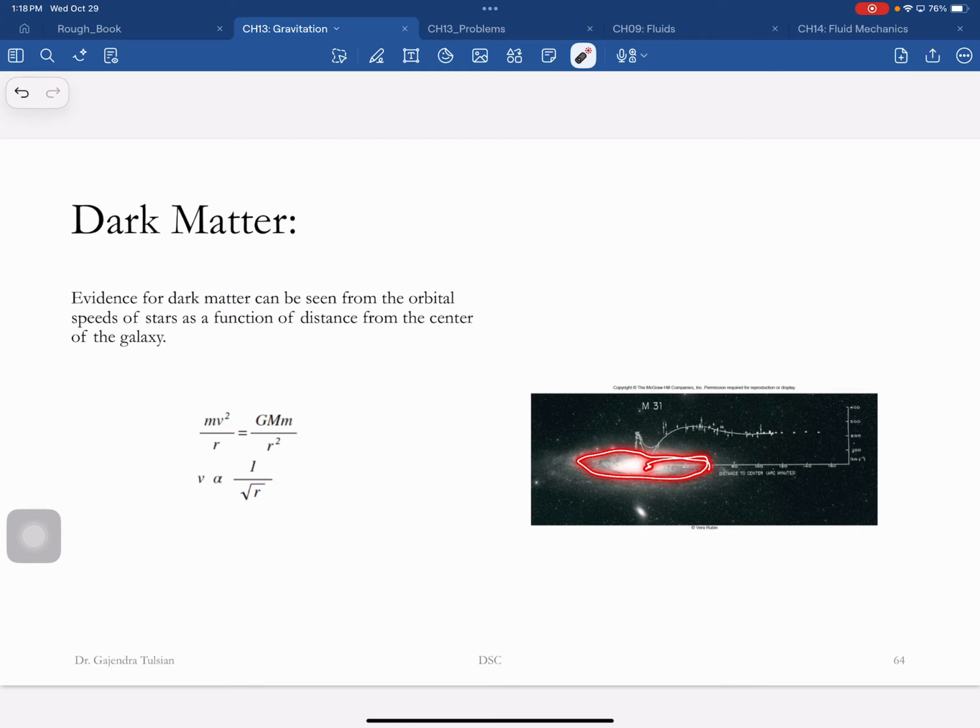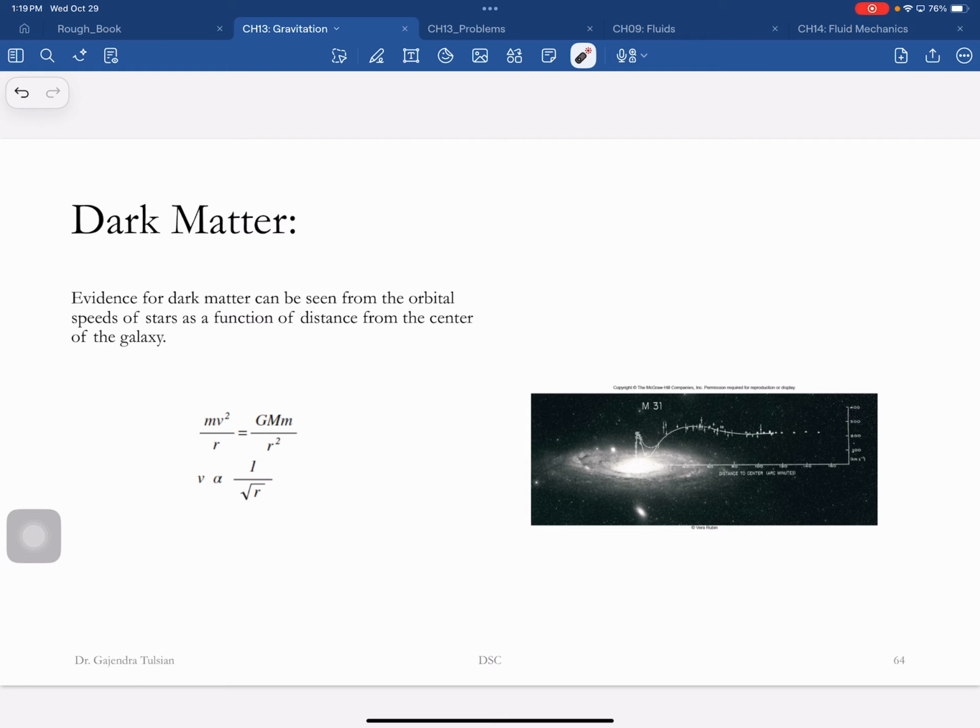This is all dark. So in this region, the orbital speed should fall off as 1 over square root of r. And look at that, the orbital speed is constant. It's not falling off at all. We have a problem.